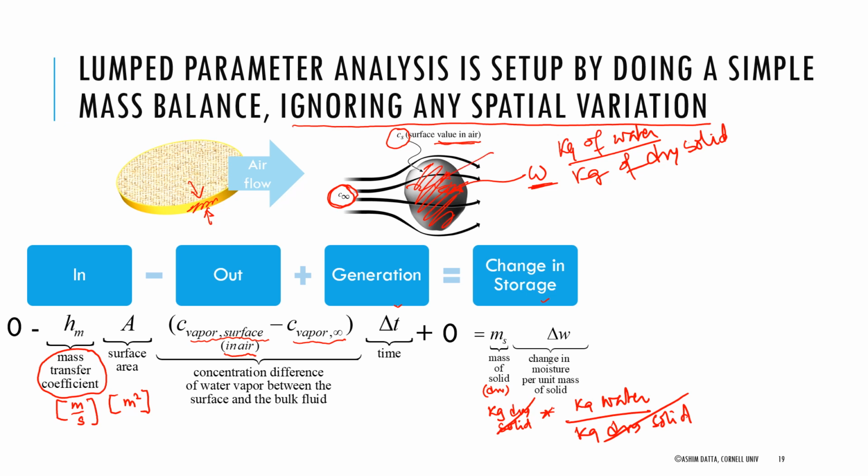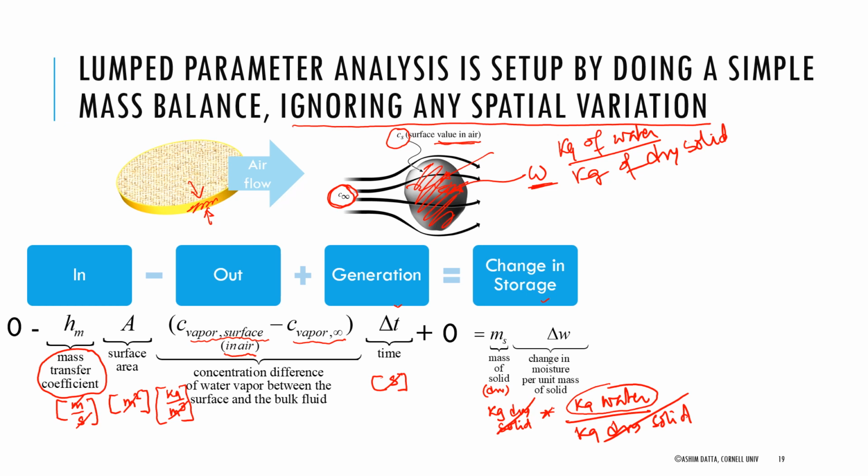The concentration difference has units of kg of water per meter cube. So these cancel out, and we get kilograms per second, times delta T in seconds, so it's kilograms of moisture lost, and that's equal to this on the right hand side.